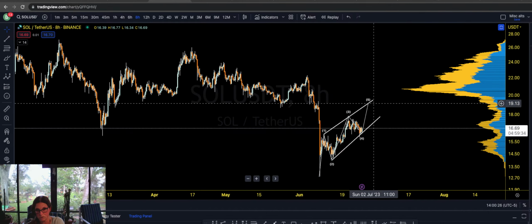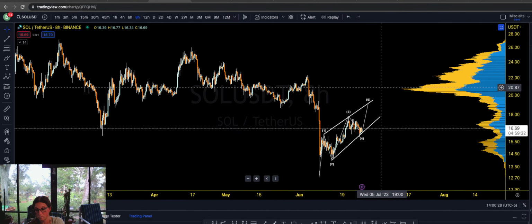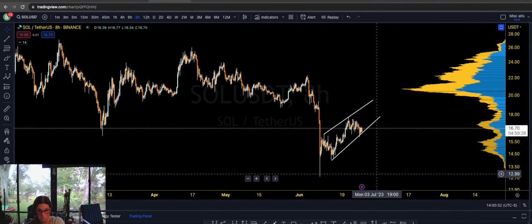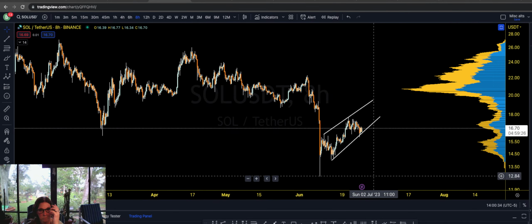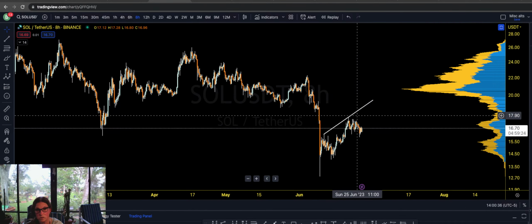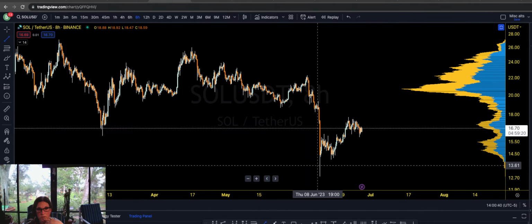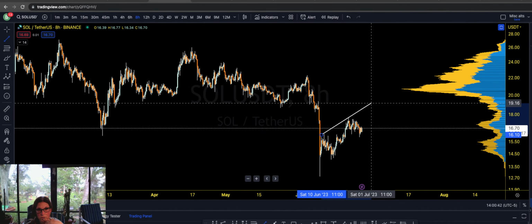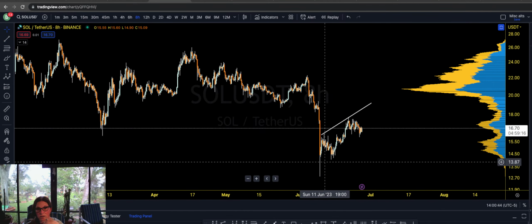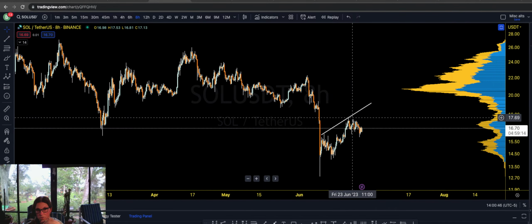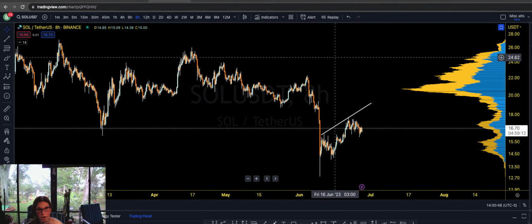And then the diagonal could be a wave 1. But as it stands right now, it's got to give us that move to the upside and not break this trend line here. Otherwise, this is just a corrective move that could go higher.